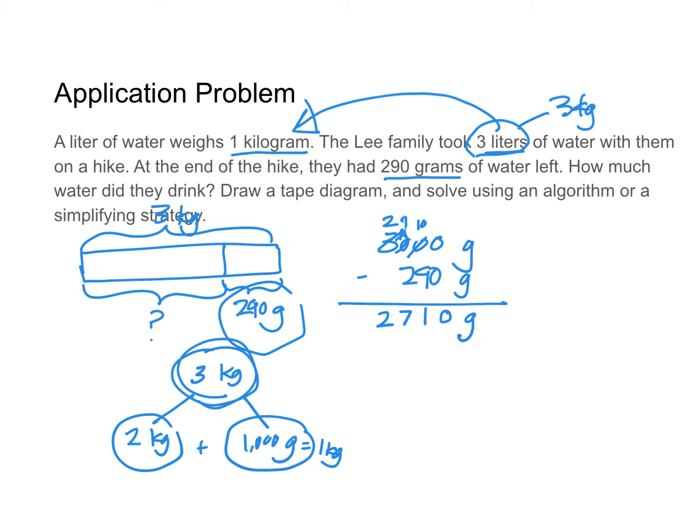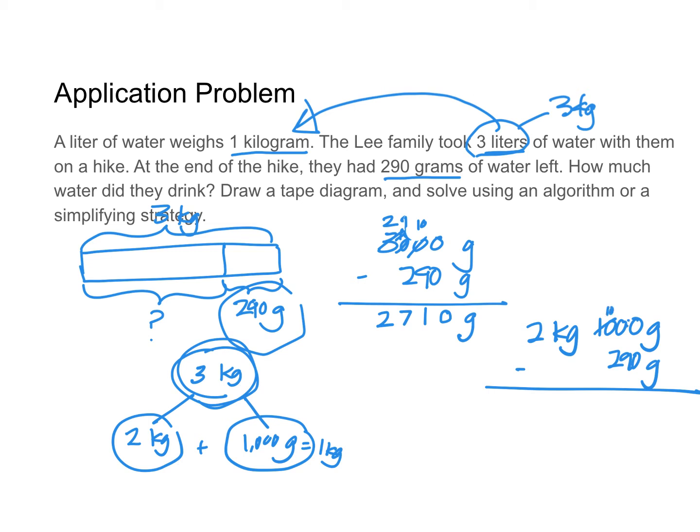So I could rewrite my problem: 2 kilograms, 1,000 grams, minus the 290 grams. So I'm going to come back down here. We're going to have to regroup. And this becomes 10.